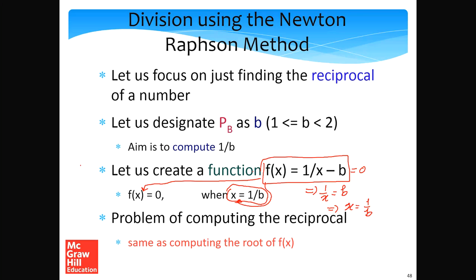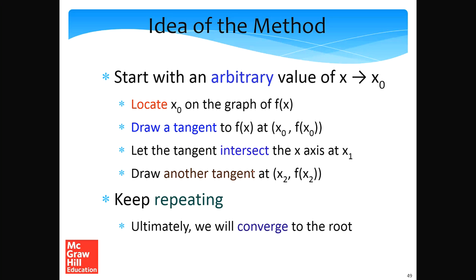So what I'm doing is converting the problem of computing a reciprocal, 1 by some number, into computing the root of an equation. So we'll use a traditional equation solving technique to actually compute the reciprocal of a number. And this technique is the Newton-Raphson method.